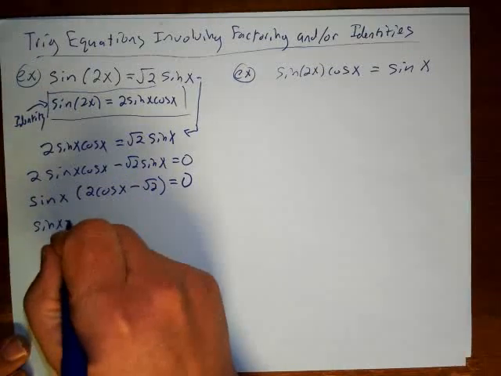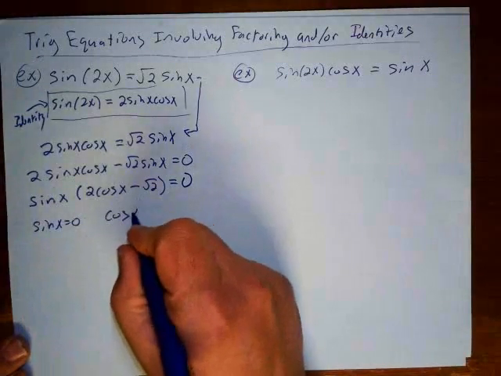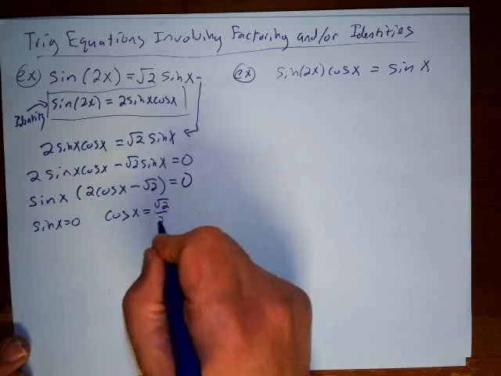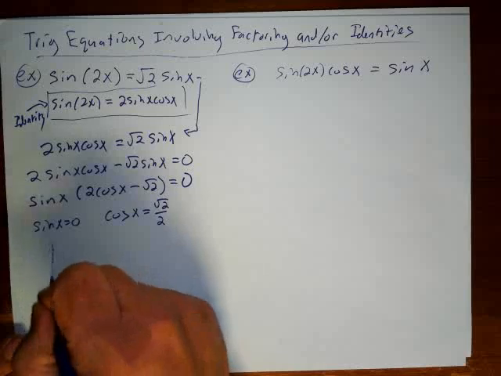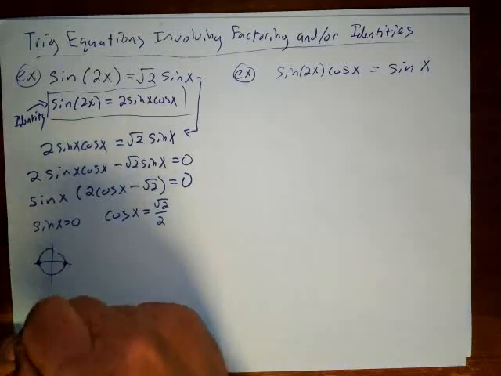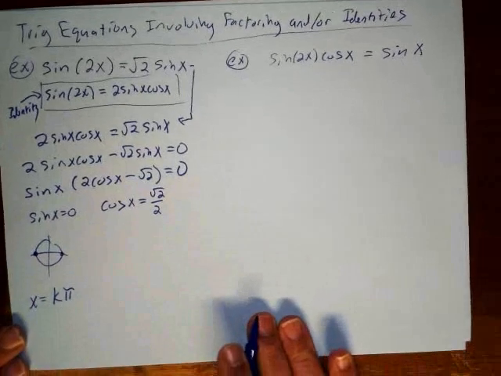So either sine x is equal to 0, or this clearly is going to solve into cosine x equal to square root of 2 over 2. So these are both special angles. Sine x is equal to 0 here, and you can write it as just k pi.